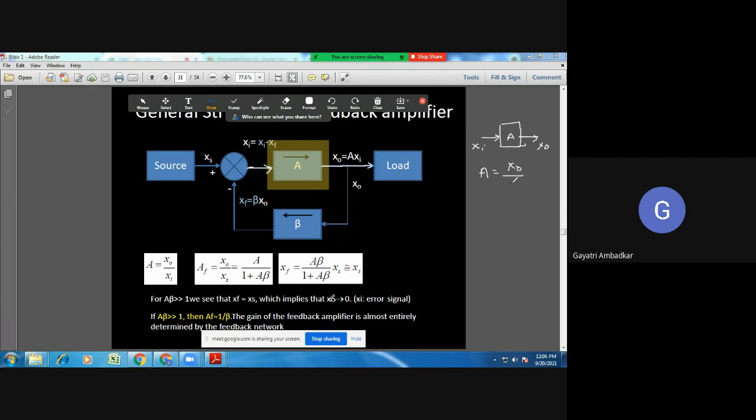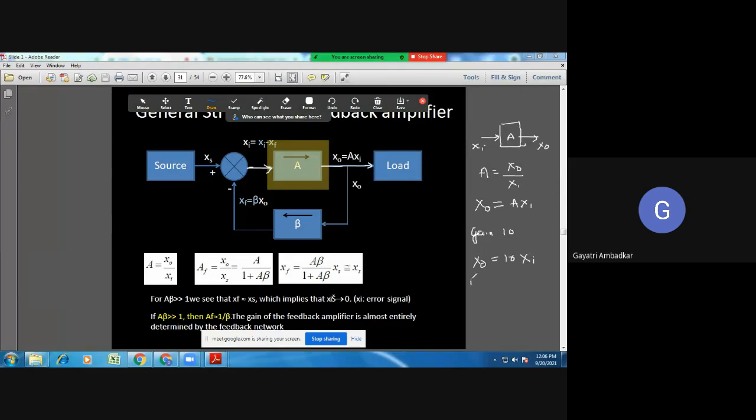It may be voltage gain or current gain, anything. So the output XO is equal to A times Xi. Suppose the gain of my amplifier is 10. It means I will get output signal XO as 10 times the input signal Xi.